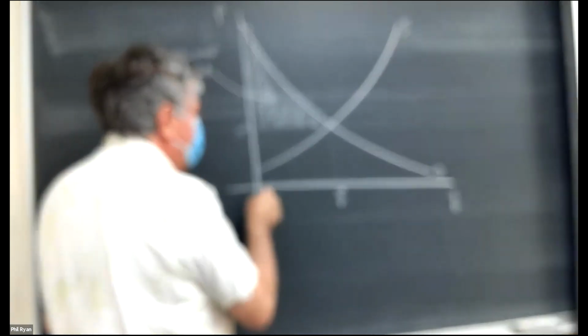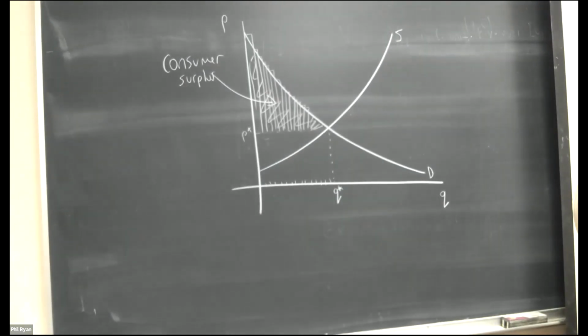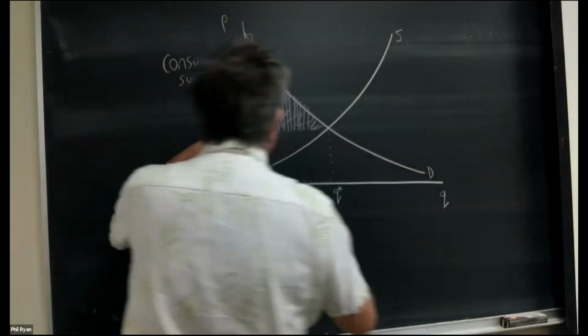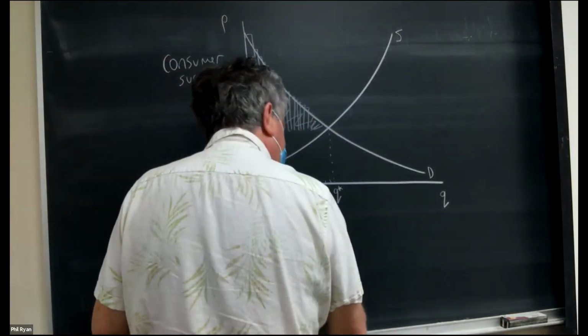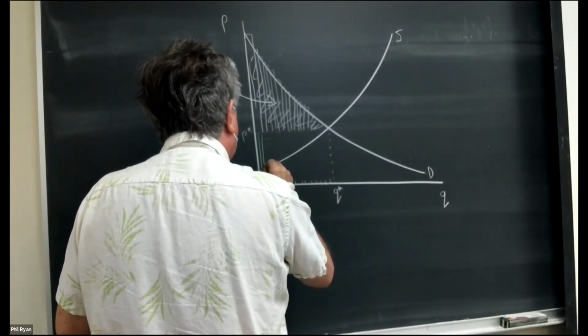Again, this quantity is like quantity sold. So that is goods that would have been willing to be sold at a cheaper price. But they got a better price. And that better price is here. So the extra money they got, let's do this in green, is now these little rectangles here.